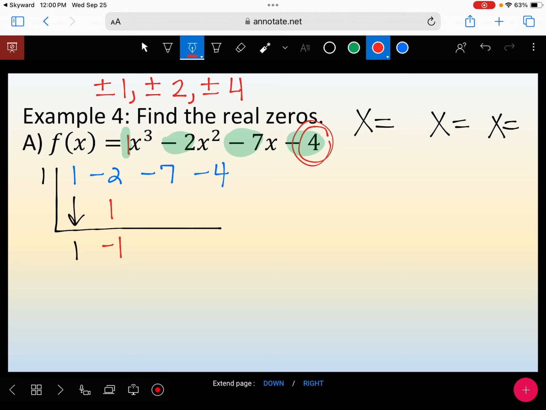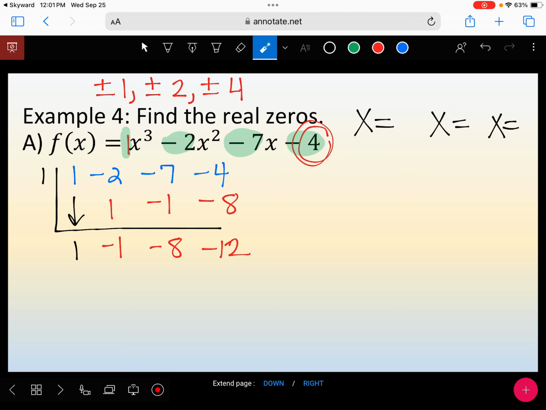Then we multiply the -1 times 1. -1 times 1 is -1. Then we add, what do we get? -8. And then we take -8 times 1. We get -8. And then we end with a -12. Because I did not end with 0, 1 is not one of my 3 answers.